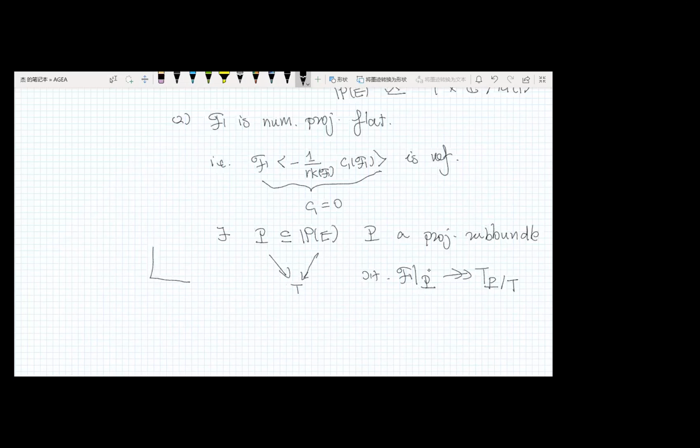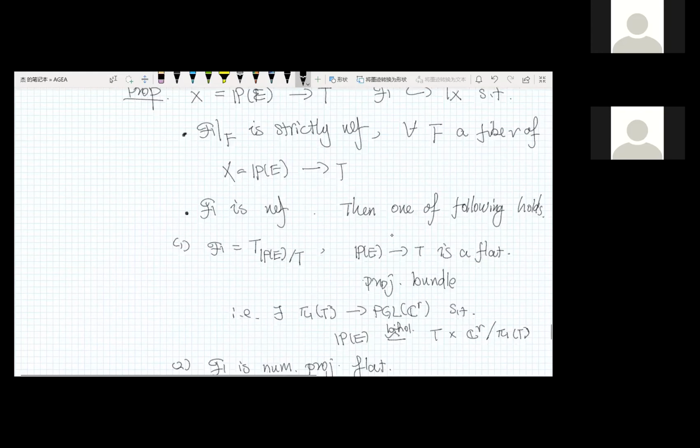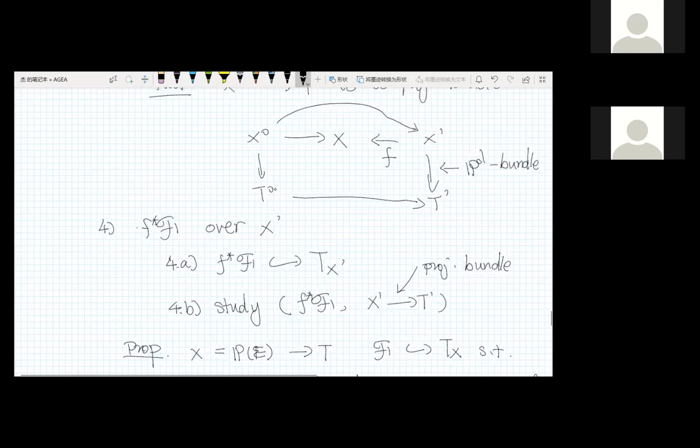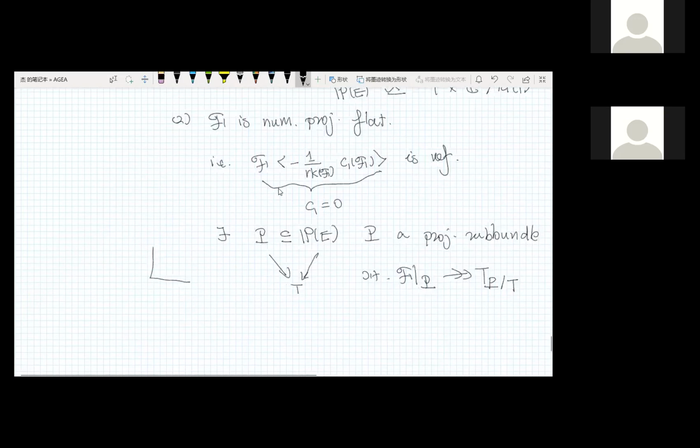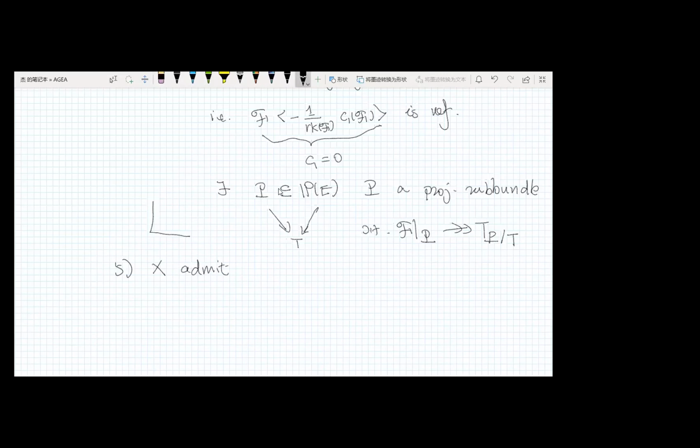Now you want to use this description to show that you can descend this projective bundle to X. This is indeed the case because in the last step we show that X admits only one extremal contraction.